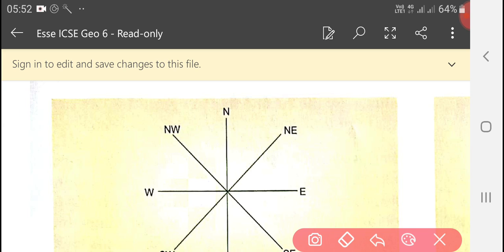So please learn this figure properly and try to understand the directions. So my dear students, whatever we learned today, read the lesson, read the chapter, and try to understand more. And we will meet in the next session. Thank you.